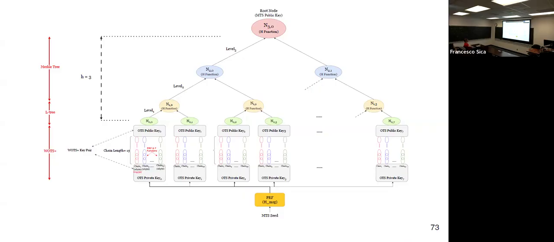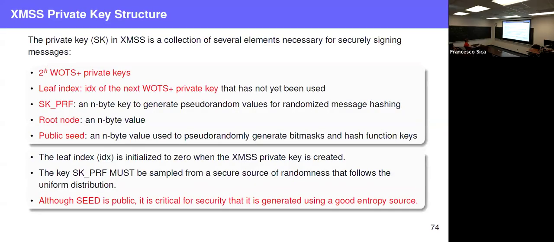And let's see the XMSS private key parameters. The XMSS private key is created from all WOTS private keys, the leaf index, the pseudorandom function key, the root node, and the public seed.